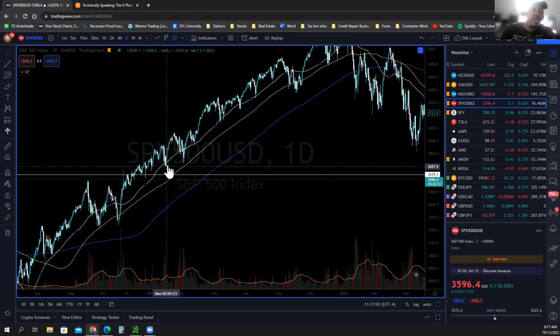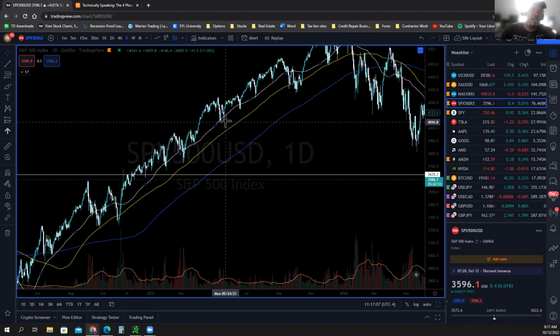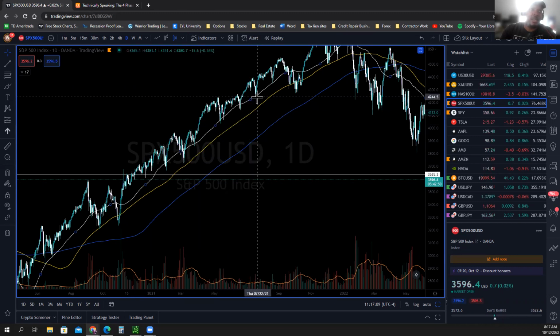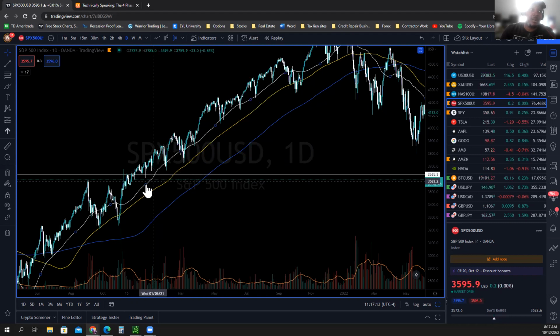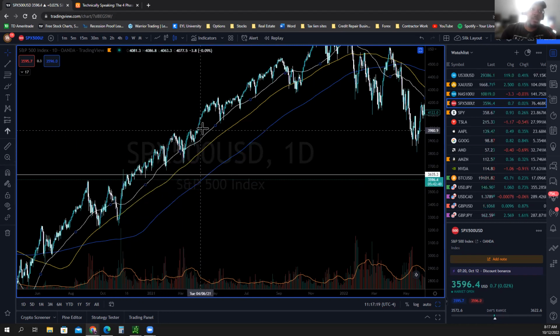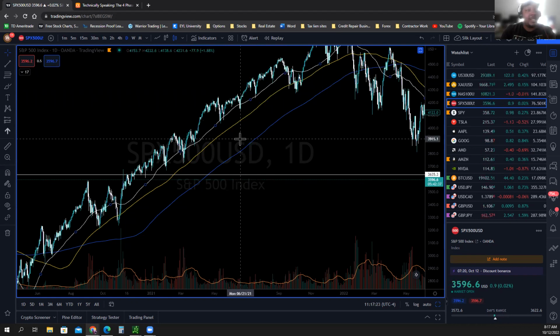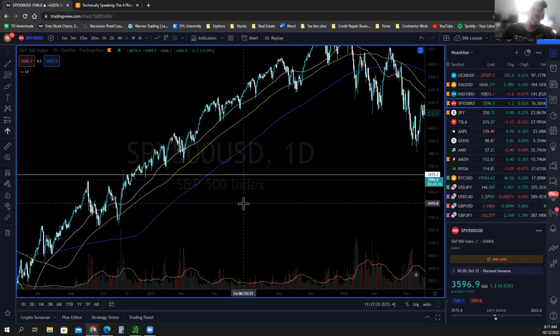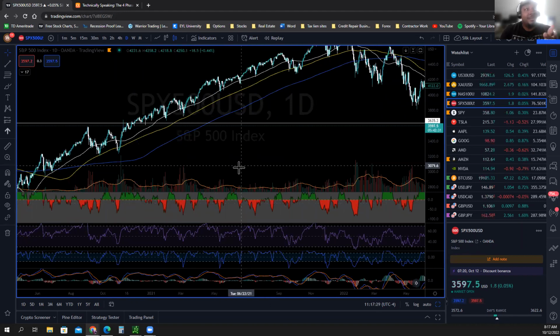That's usually an entry point for traders, if you want to get in on the 50 or close to the 50. As you can see, it respects it going all the way up. Now, it may dip down and get close to the 100, but most of the time it respects it. But if I can catch it at the beginning of a trend, then I would love to do that.